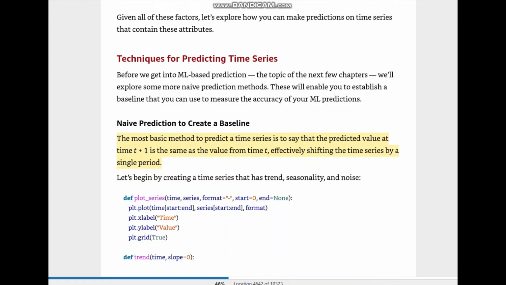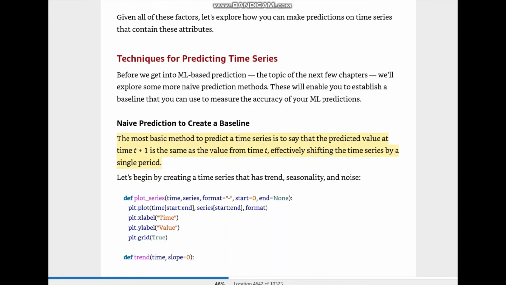So let's say there is code next for plotting the series. We get in time, we get in series, and the format, and it starts from 0 and goes to none. So using plt.plot, that is functionality that we get from matplotlib. Before you write this down, do make sure that you have imported matplotlib.